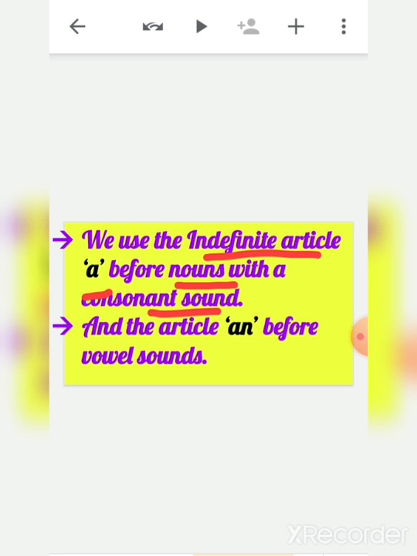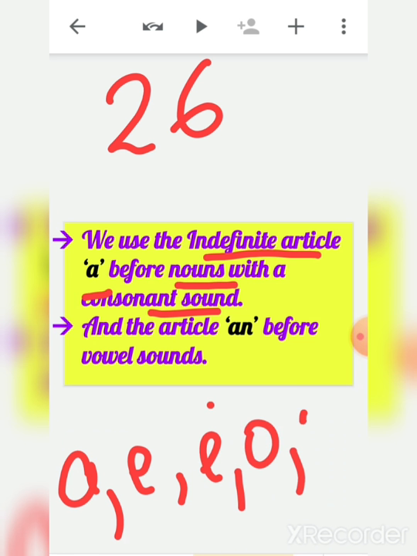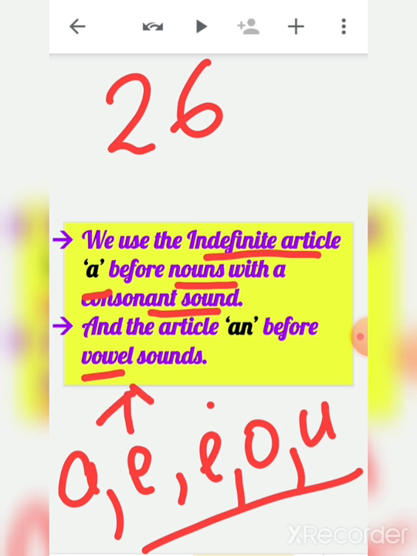Now what is a consonant, children? How many alphabets are there? 26 alphabets are there. From the 26 alphabets, A, E, I, O, U, these five are vowels, and the rest of the alphabets are your consonants.